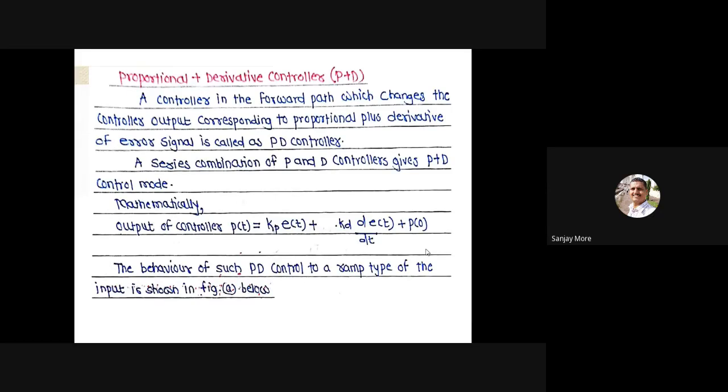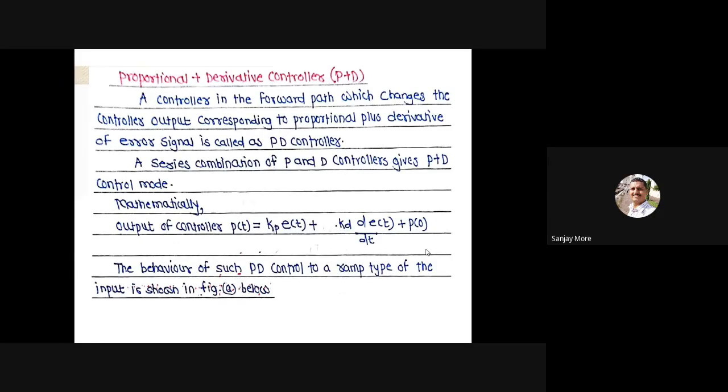A controller in the forward path which changes the controller output corresponding to proportional plus derivative of error signal is called a PD controller.